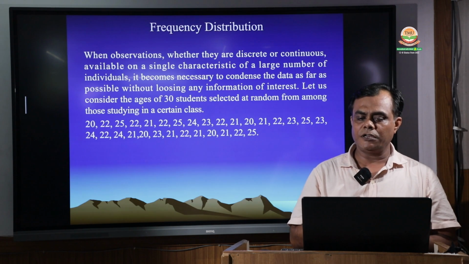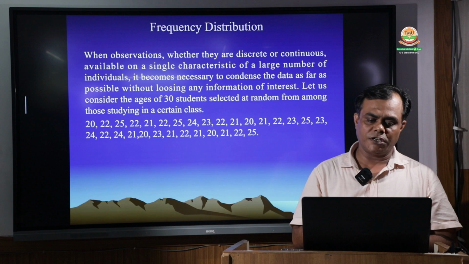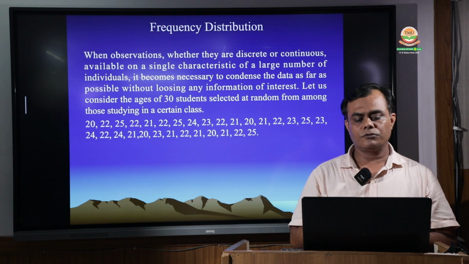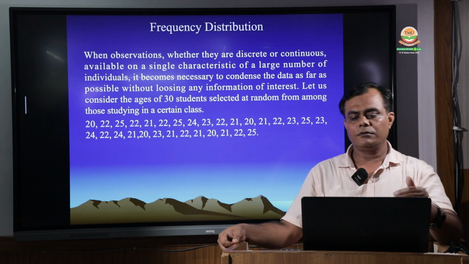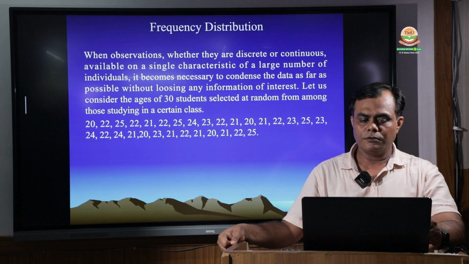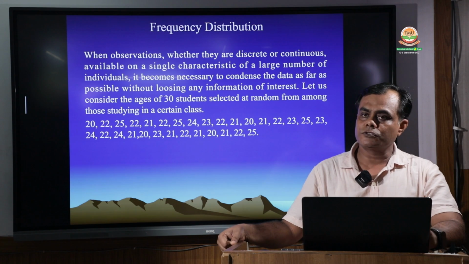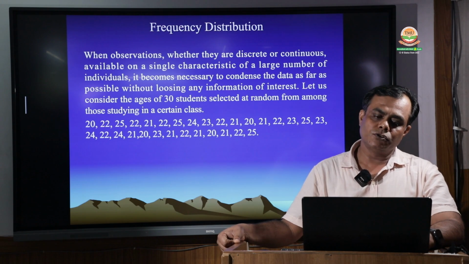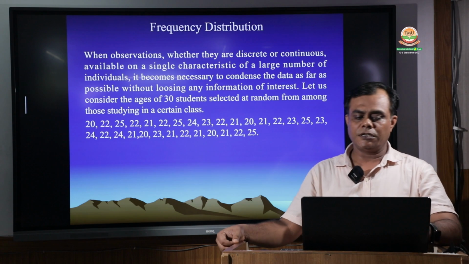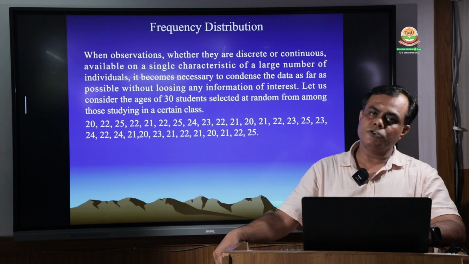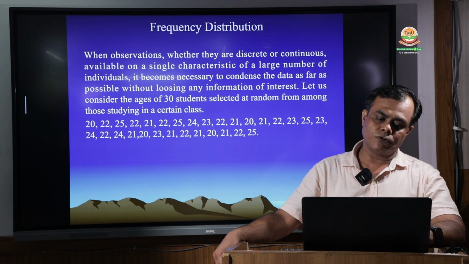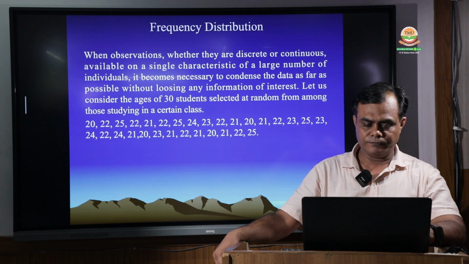So, simply there are 30 students according to their age. First, we divide the data by student age group. The common age groups are 20, 21, 22, 23, 24, 25.